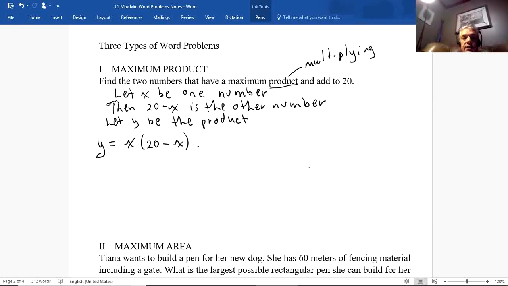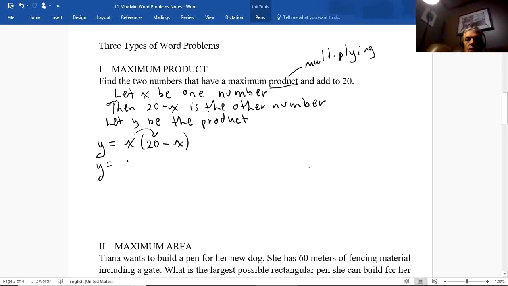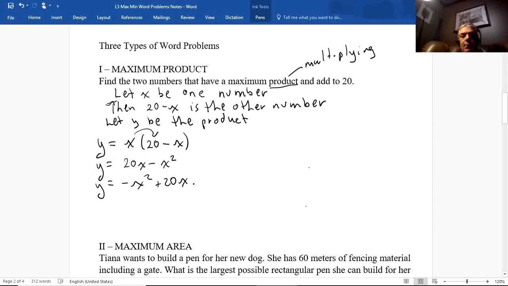Now, we can multiply them together if we want, just for interest's sake, because if we multiply them together, y equals 20x minus x times x, which is x squared. If we rewrote that, it would be minus x squared plus 20x, and that would be the proper way to write it.